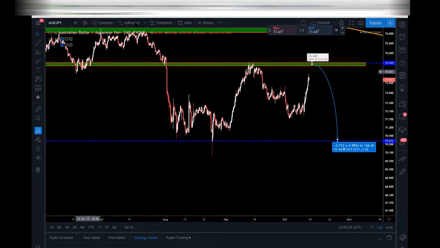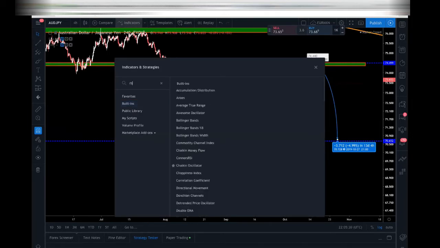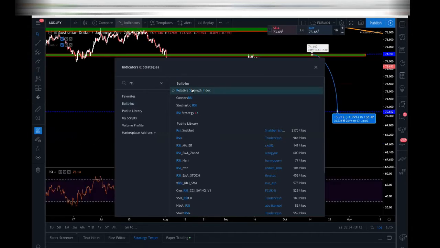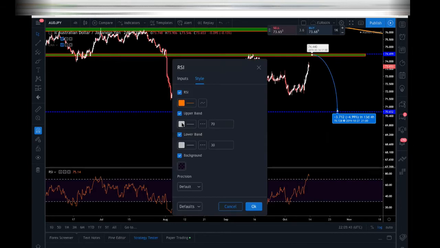You go to indicators. You might have to type it out, but here it is. Okay. Close it up there. Go down here to your settings. Make sure everything looks good. Upper band is 70, your lower band is 30.